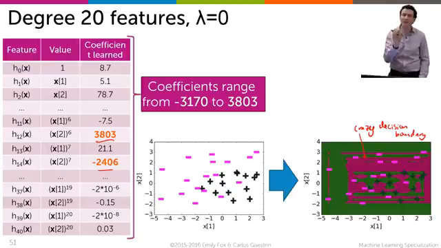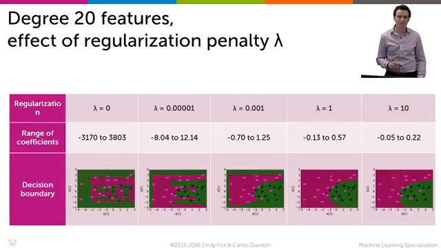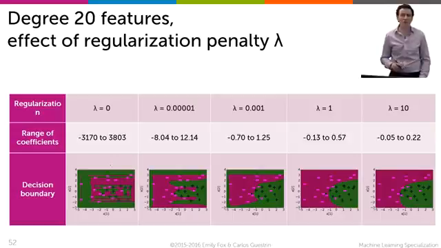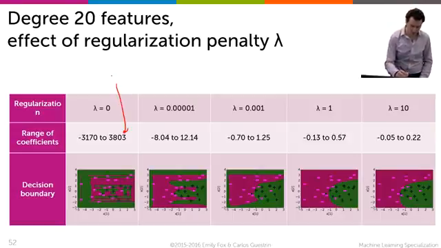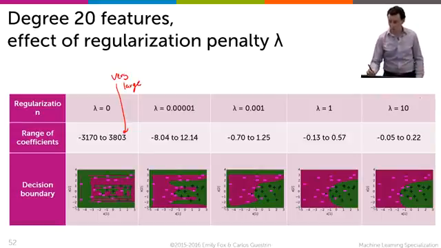Now we're going to take the same setting, same number of features, same data, same everything, but just vary the parameter lambda and see what happens. And here we're showing the results of doing exactly that. When lambda is equal to 0, we get very large coefficients, while when lambda is large, like 10, we get good size coefficients, let's say smaller coefficients.